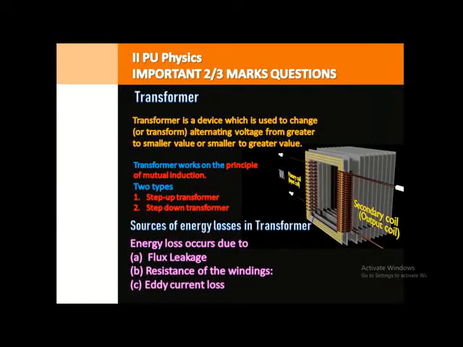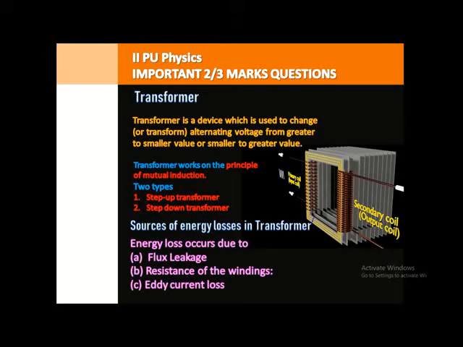Next, transformer. A transformer is a device used to change alternating voltage from greater to smaller value or smaller to greater value, and it works on the principle of mutual induction. There are two types of transformer, step up transformer and step down transformer.